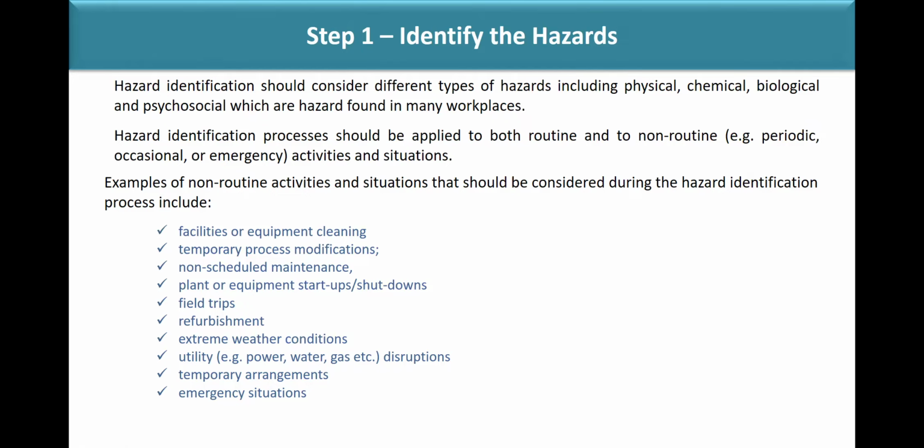Now, examples of non-routine activities and situations that should be considered during the hazard identification process include facilities or equipment cleaning, temporary process modification, non-scheduled maintenance.